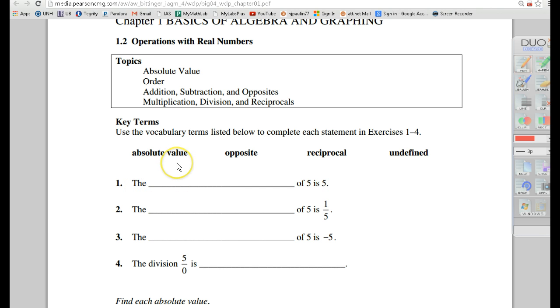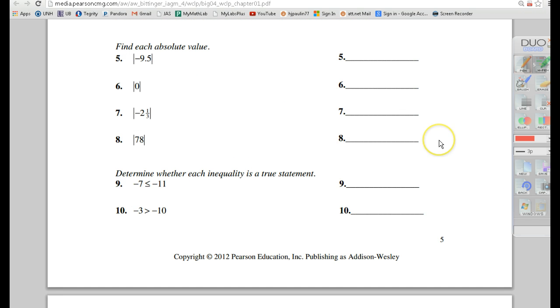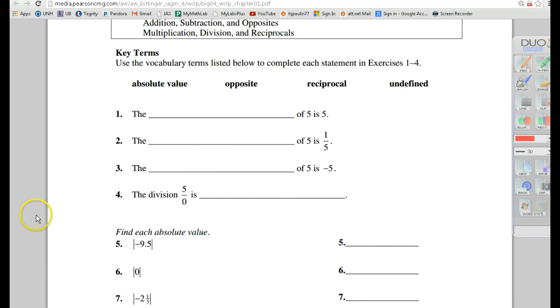For number one, I believe the absolute value, let's get a pen going here. So absolute value goes there.